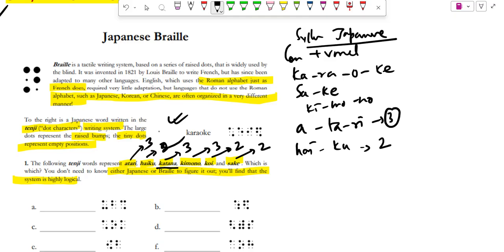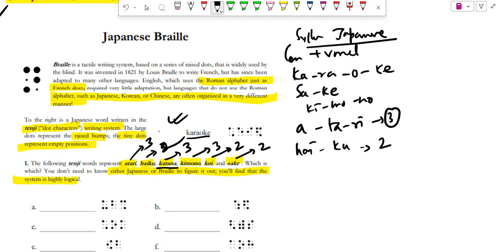Ta appears in atari and katana. Ki appears in kimono. Ke appears in karaoke and sake, and ko appears in koi and kimono. So the same Braille cell must represent the same syllable.